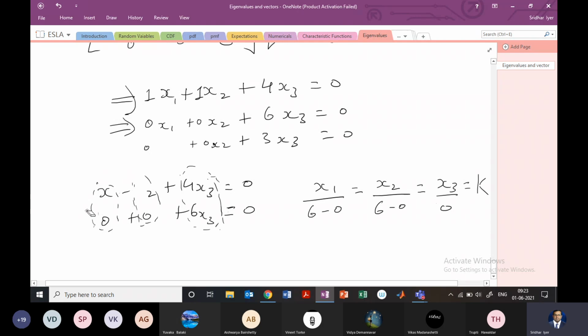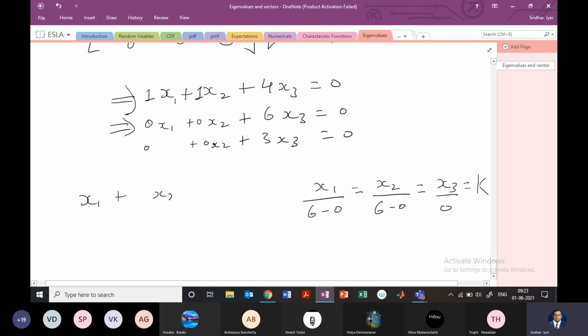I hope you have understood. I'll repeat again. Let me rewrite the equations for clarity. This is the method of equivalence that we can use. Let me rewrite x1 plus x2 plus 4x3, and let me write 1 here.